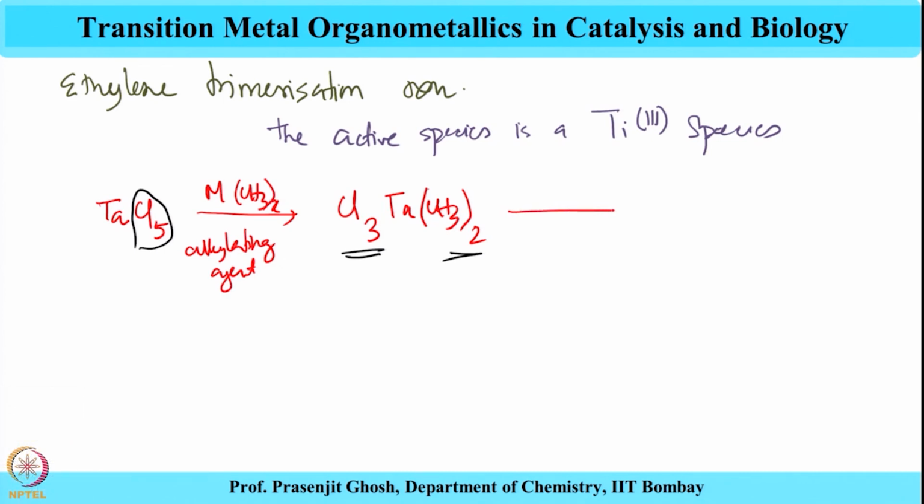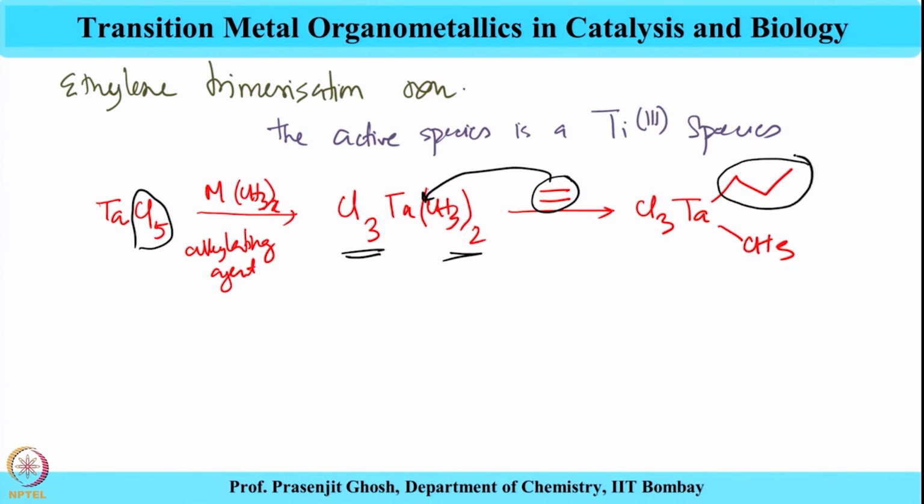Then that reacts with ethylene to give a tantalum methyl ethyl species, where coordination and insertion of the ethylene occurs on one of the tantalum methyl bonds to produce this tantalum propyl moiety.